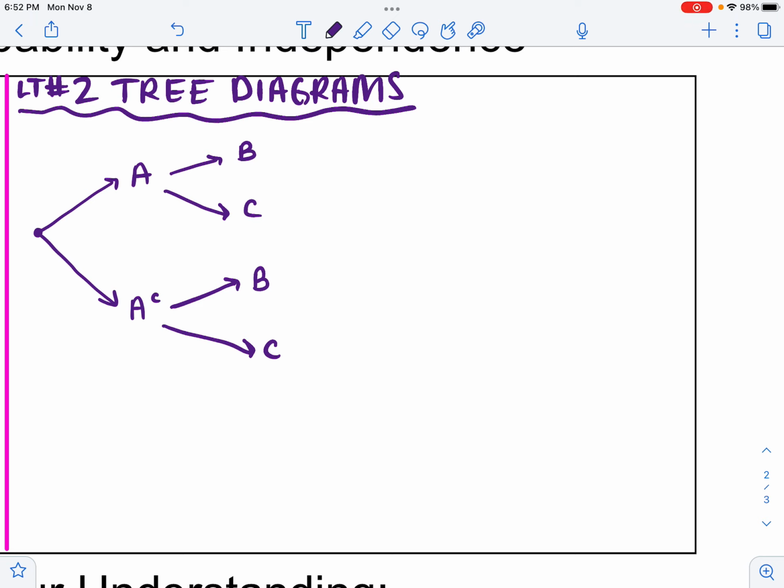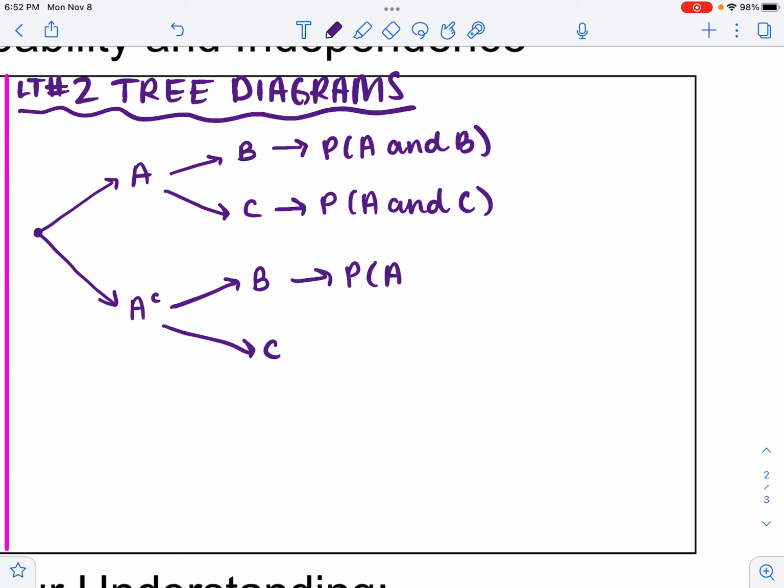And so what we have then at the end is every potential outcome. So this right here is the probability of A and B. Then the second outcome, this is the probability of A and C. This third outcome is the probability of A complement and B. And the last one is the probability of A complement and C.